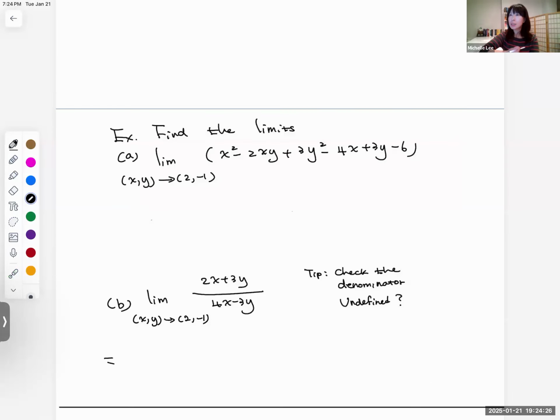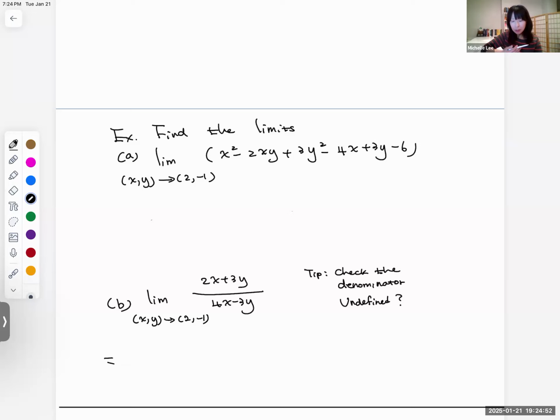Okay, let's do this example. Find the limit when x, y approaches 2 and -1 respectively of x squared minus 2xy plus 3y squared minus 4x plus 3y minus 6. Straightforward, right?